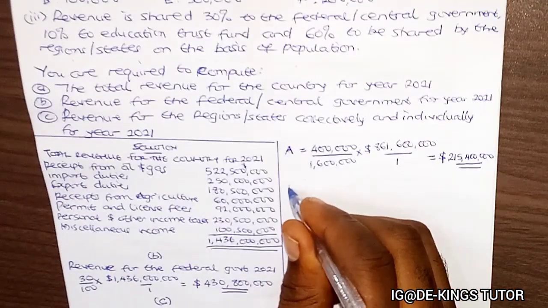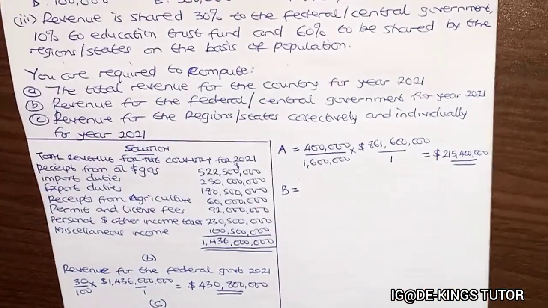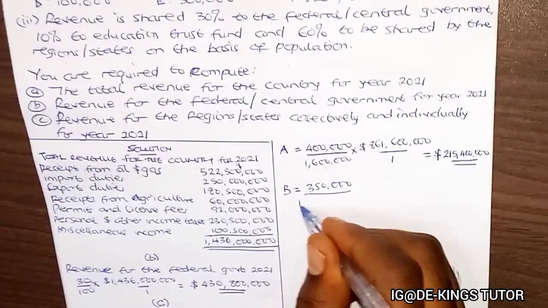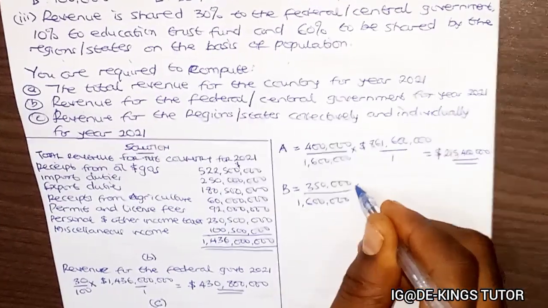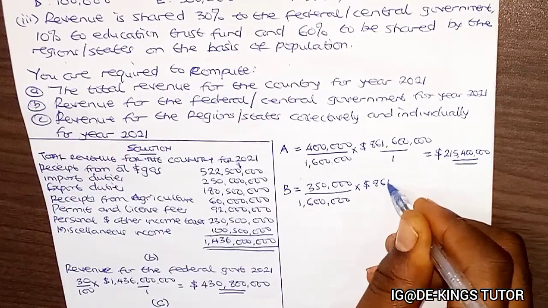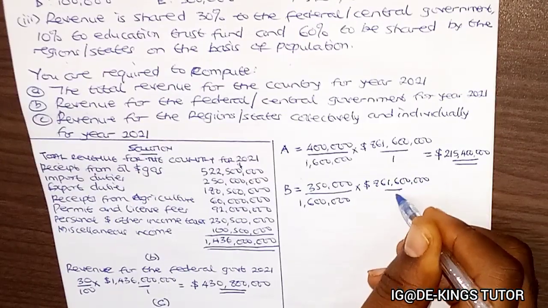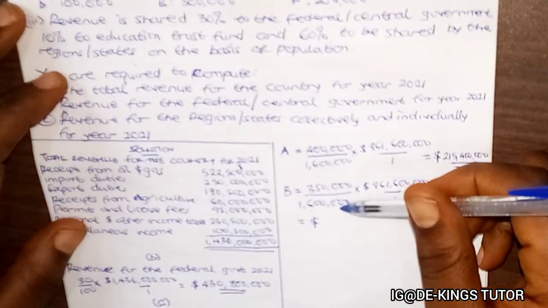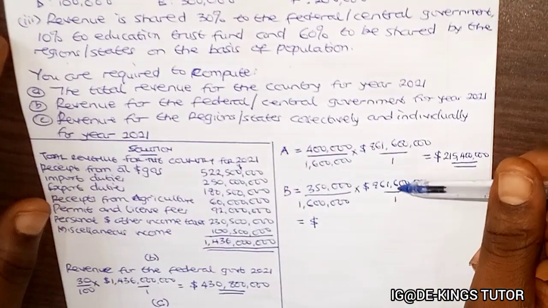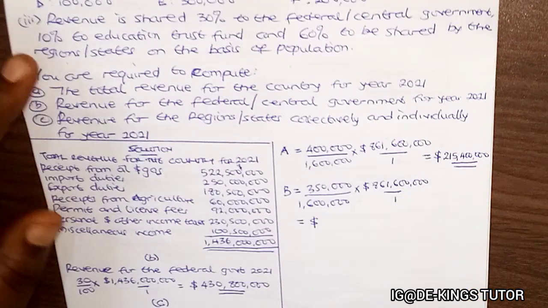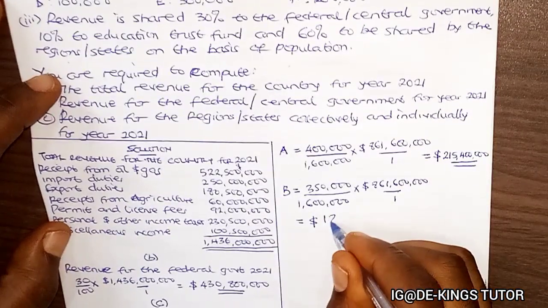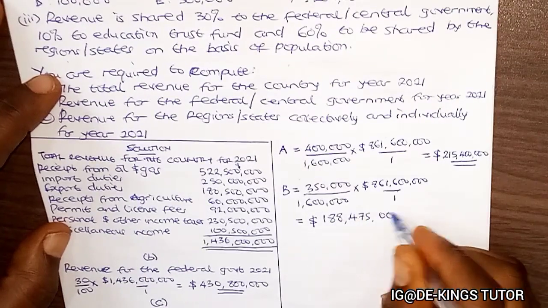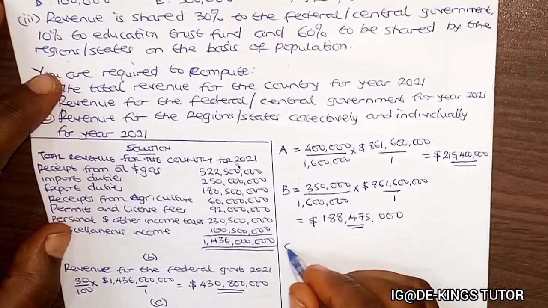That's for A. For B, the population is 350,000 over 1,600,000 times 861,600,000. From my calculator, this will give us 188,475,000. That's for B.